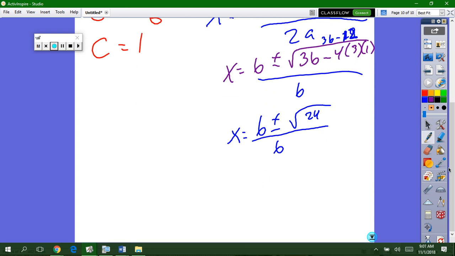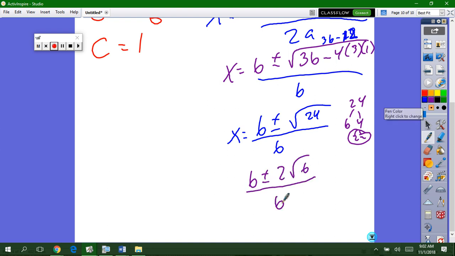Okay, so we can break him down. What's in 24? 6 and 4, 2 and 2. There's my buddies. 6 has 2 and 3. There's no buddies in it, right? So I have 6 plus or minus 2 root 6 all over 6. Now, question. Can I see how this guy is a 6 and he's a 6 underneath? Can you simplify things that are outside with the things inside of the radical?